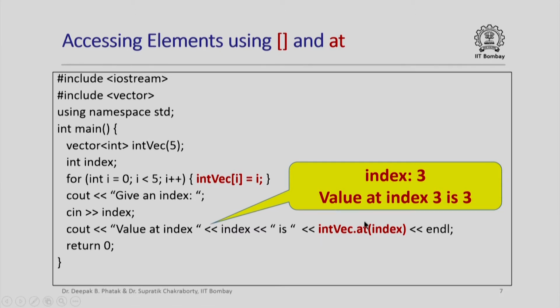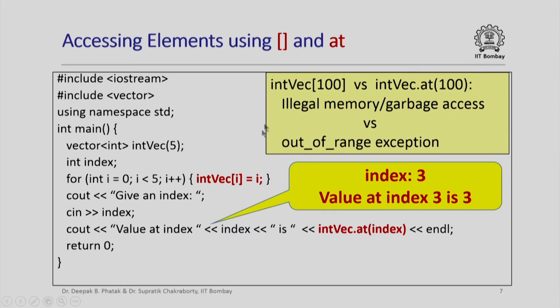So the difference between these two ways of accessing elements of a vector, that is using the square bracket and using at, is that if I am trying to access an element of the vector outside the legal range for that vector, then if I use the square bracket operator, I may end up doing illegal memory access, or I might even access garbage.